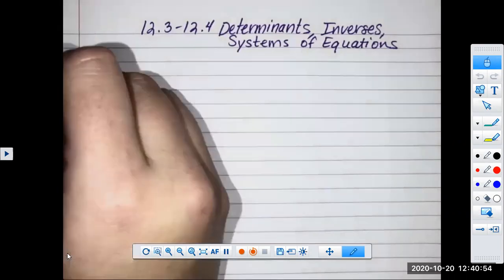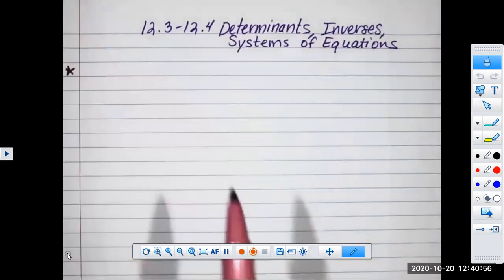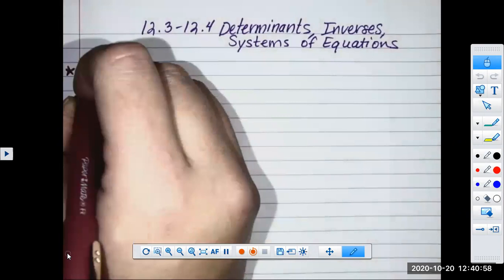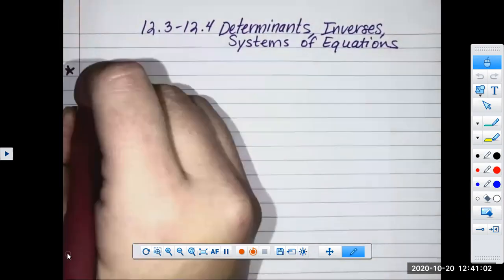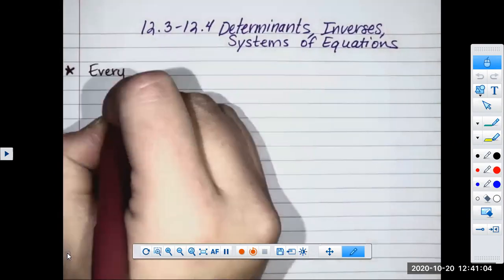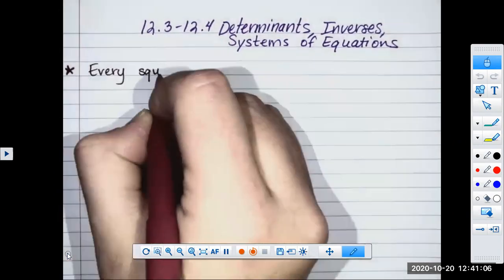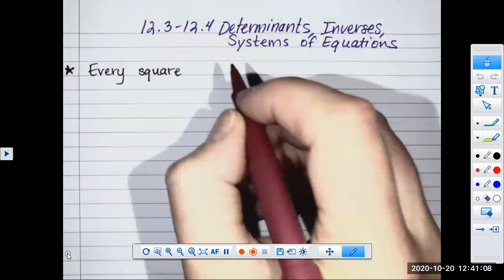But one of the things that are special about it is that only a square matrix has a determinant. What makes a matrix a square matrix?